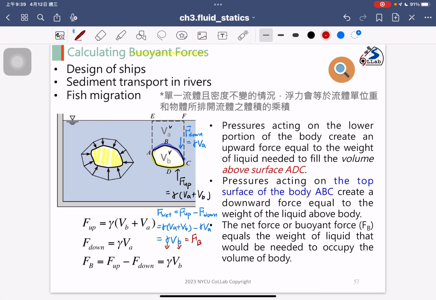The displaced volume of the body is VB. So that means the buoyant force is equal to gamma multiplied by the displaced volume of the body.